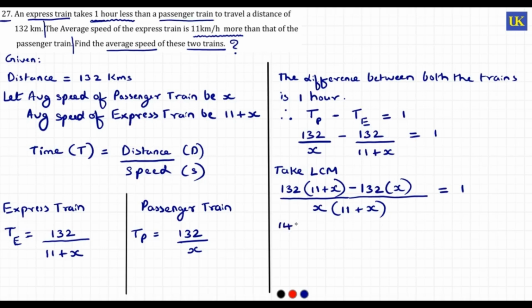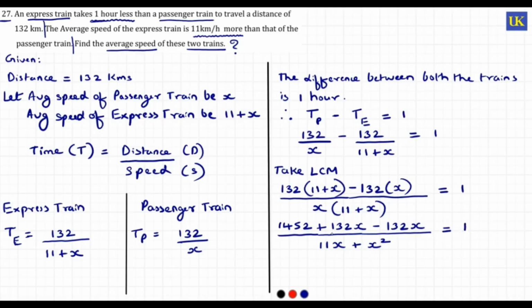This will become 1452, 132 into 11, then 132x here minus 132x, 11x plus x square is equal to 1.